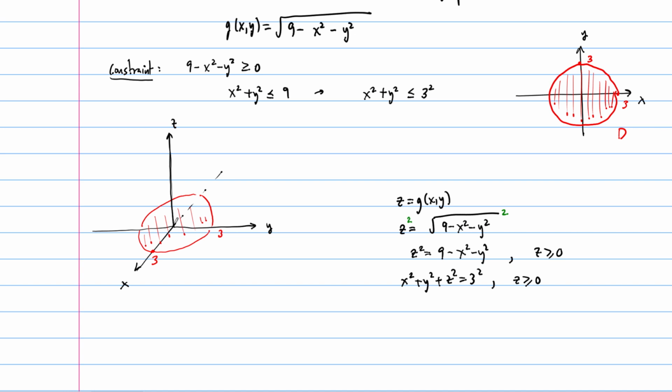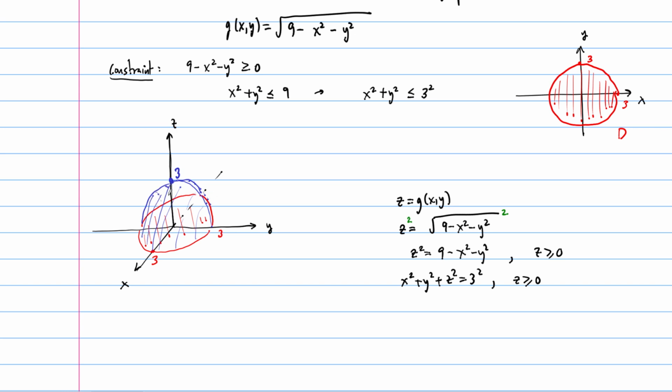And so in one way you can think about this as, okay, when x and y are both 0, then z has to be 3 in order for this equation to be satisfied. So this center point gets pushed up to 3, and then as you move outward toward the edge of the circle, you're going to end up with the upper half. So you get the upper hemisphere of the sphere, but you just get the surface of the sphere.